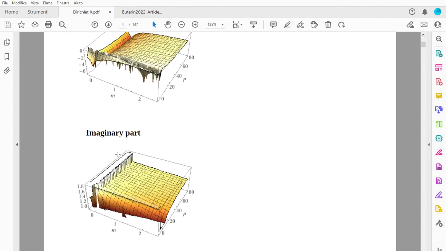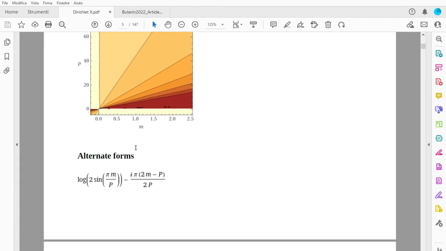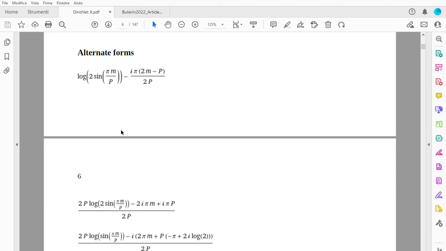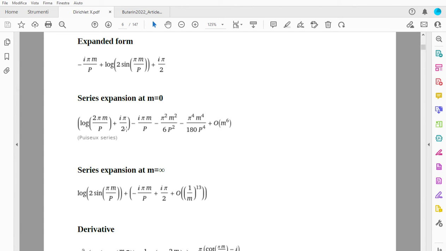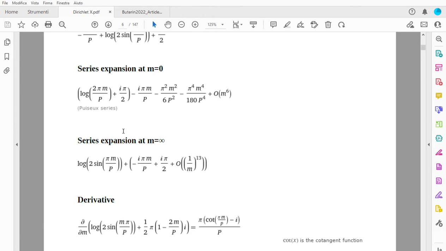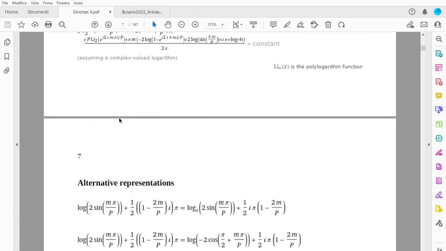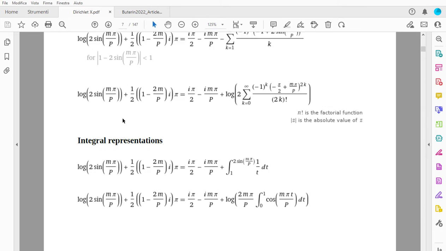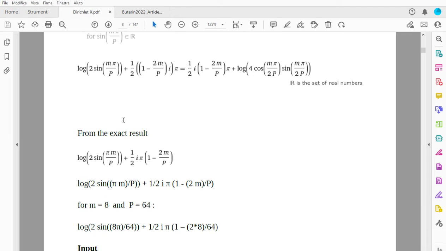The second plot containing the imaginary part. After there are the alternate forms, expanded forms, series expansions at m equal to 0, series expansions at m equal to infinite. The derivative, the indefinite integral, the alternative representation, the series representation, the integral representation, the multiple argument formulas.